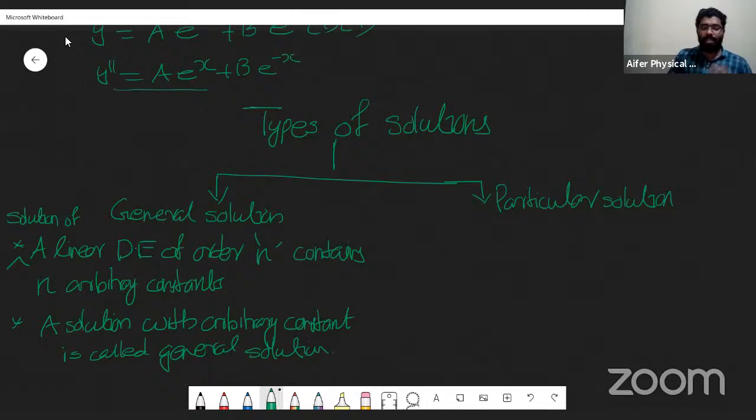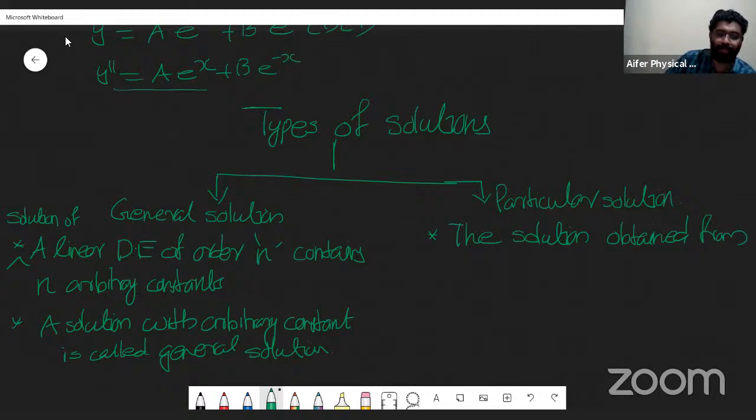At the same time, if we are picking the solution corresponding to a particular constant value, then that is called a particular solution. The solution obtained from the general solution for a particular value.